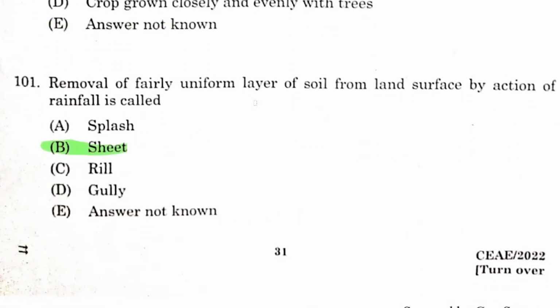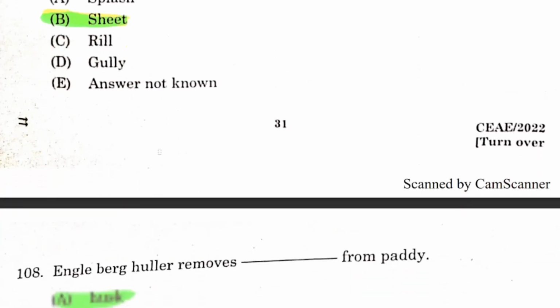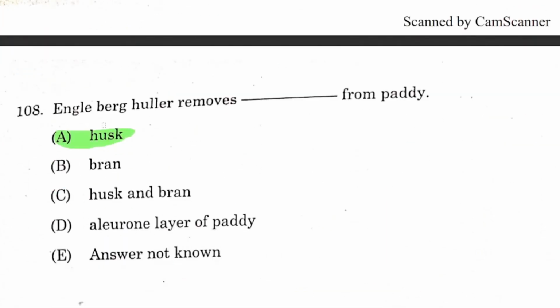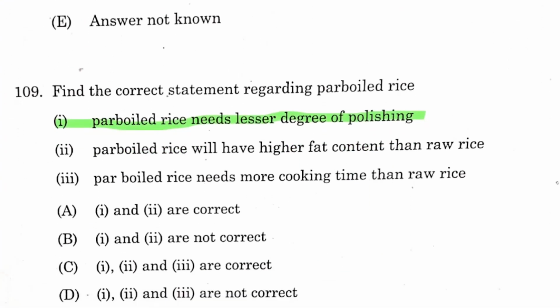Question 101. Removal of a fairly uniform layer of soil from the land surface by the action of rainfall is called sheet erosion. Next, Engelberg huller removes husk from paddy. Next, question number 109. Find the correct statement regarding parboiled rice.